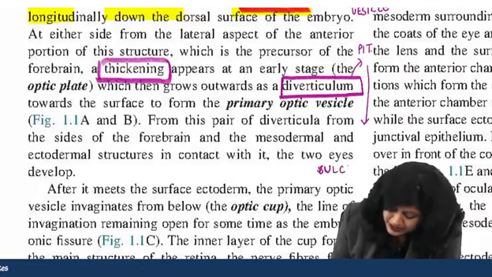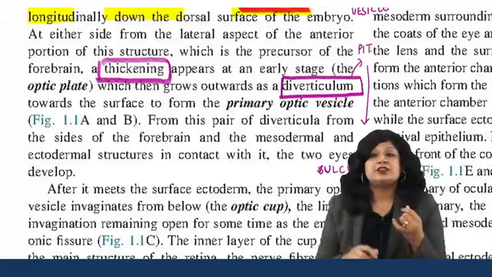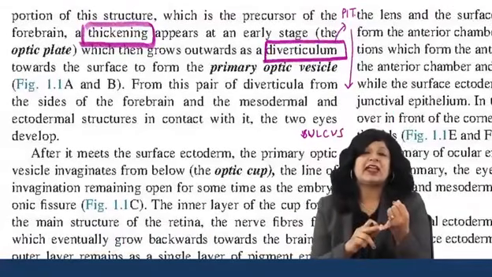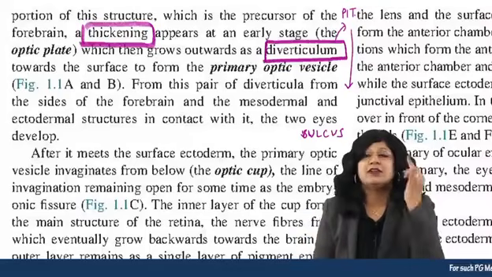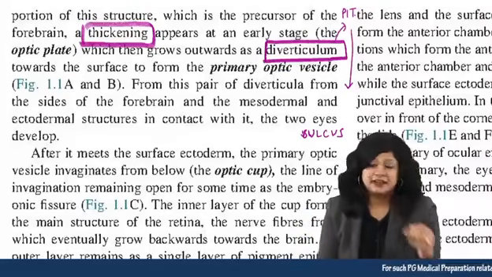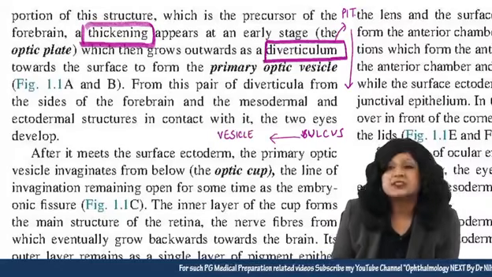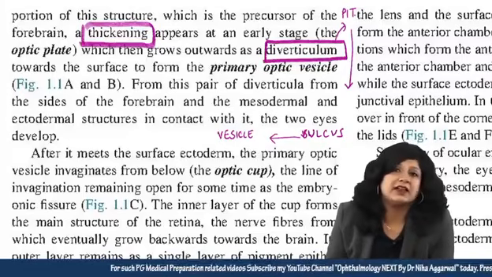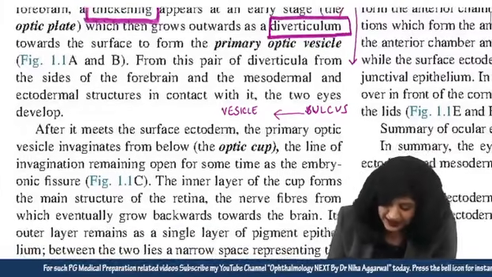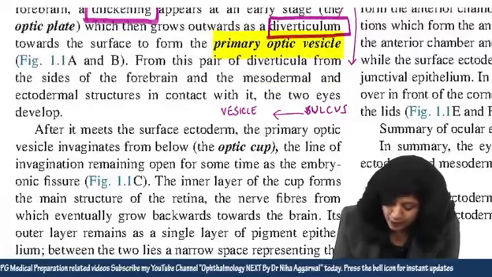So it is this way. First it is the thickening, or the placode, then we have a pit, we have a sulcus, and finally it is forming the vesicle. This is the sequence of events which take place in the case of the optic vesicle, and finally it is forming your optic vesicle.